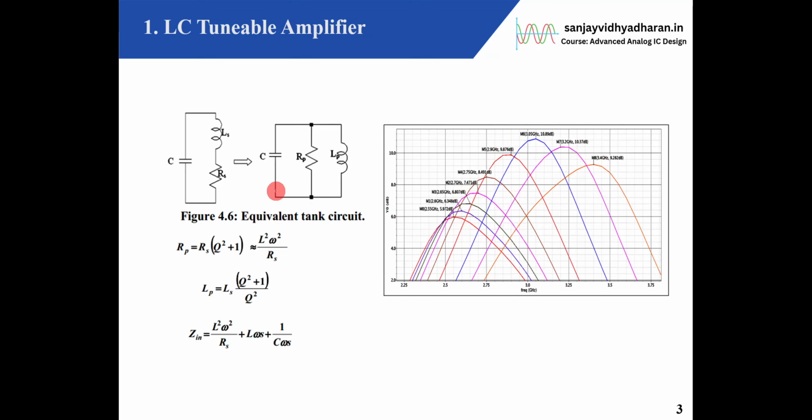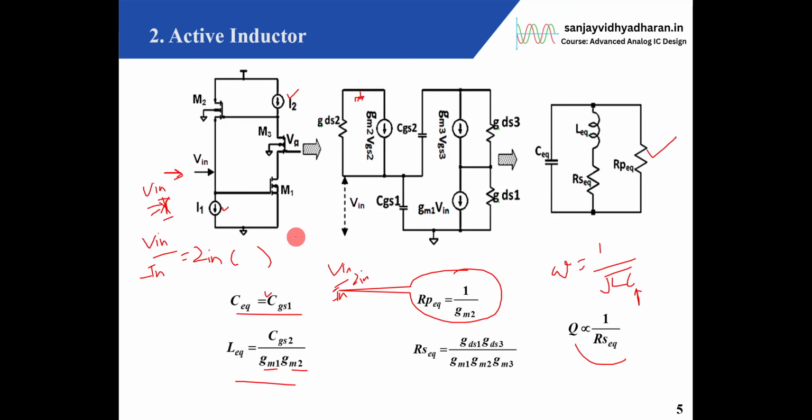We were able to tune the circuit for amplifying only the desired frequency. That is what we are going to try to do with the active inductor also. So let me show the simulations in Cadence.